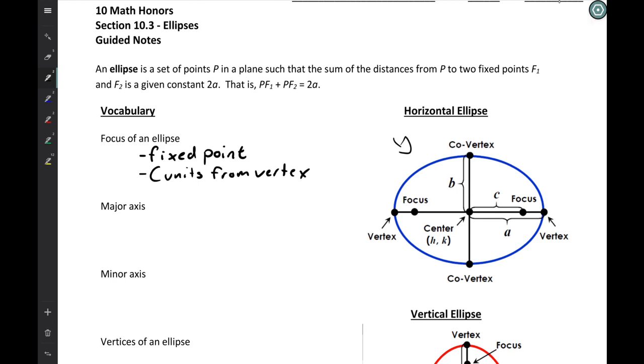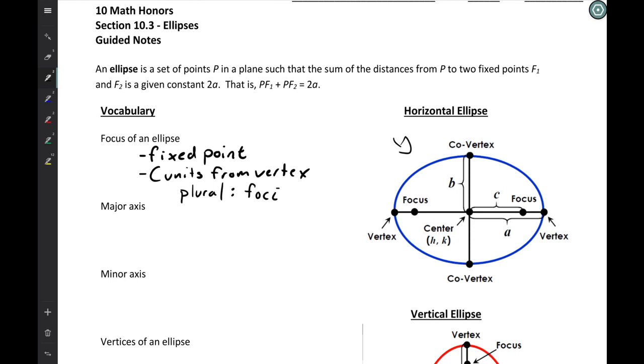And its plural is foci. Because this is the first shape in our conic sections that has two foci. And having these two foci really changes what happens.